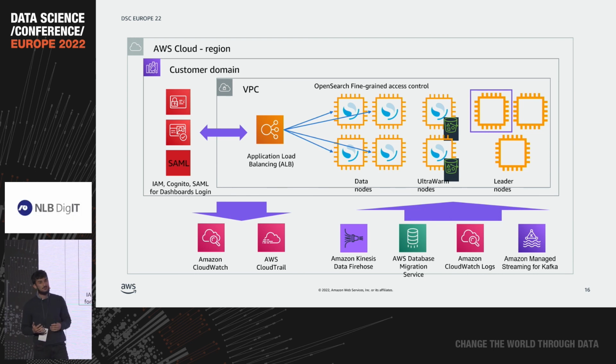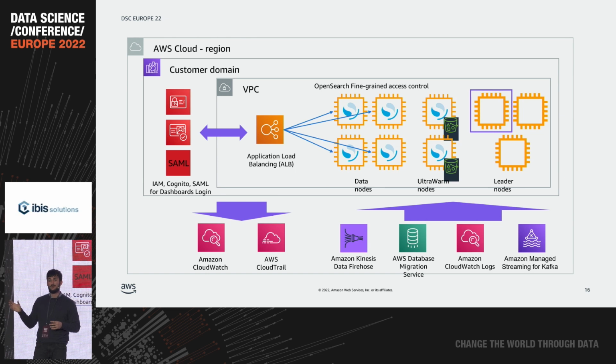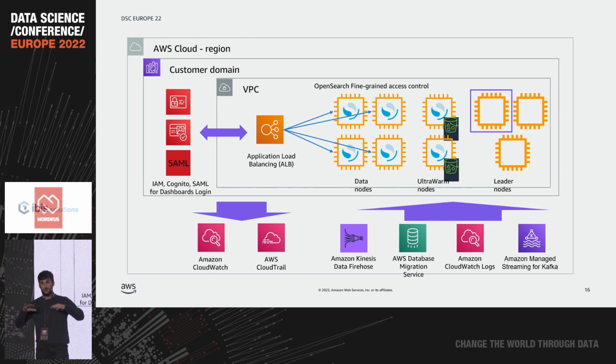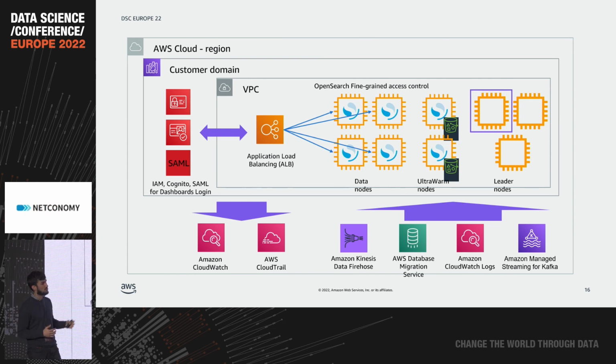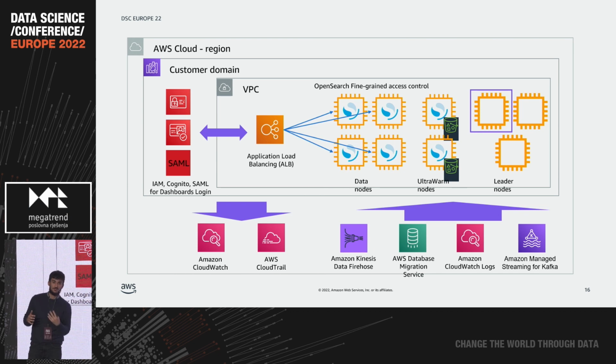There are the data nodes that contain the data you're storing, and the ultra-warm nodes that we mentioned that come along with the Amazon S3 storage. Then there are the leader nodes that orchestrate all the different data nodes. And then, of course, it comes along with a series of integrations for security, in this case with IAM or SAML. And then we also have other integrations to easily insert information into Amazon OpenSearch.